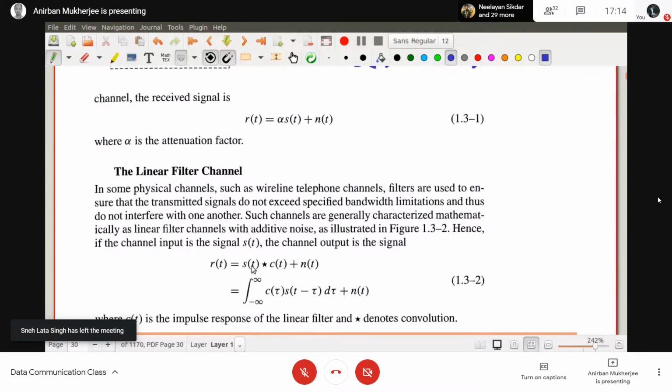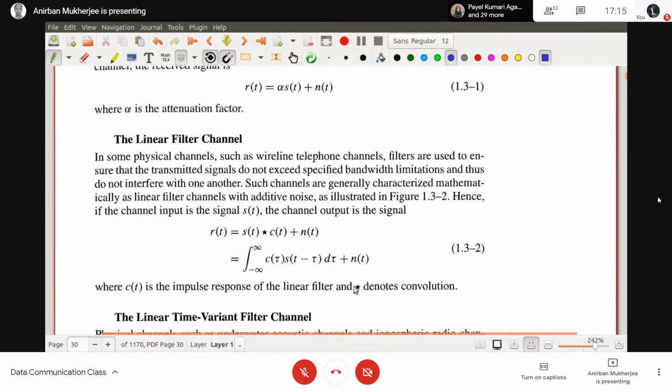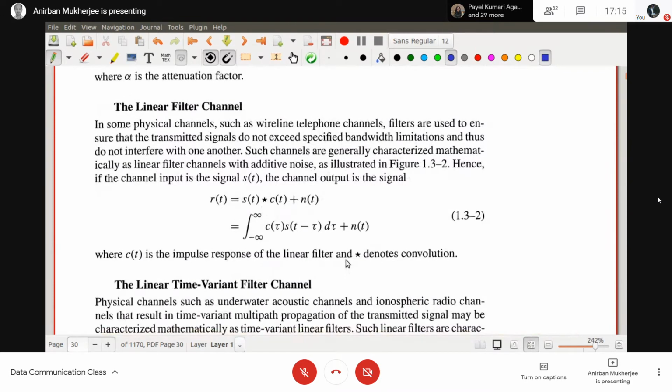if I do the basic channel output r(t), that is the integral of c(tau) s(t minus tau) d tau plus n(t). Please try to understand, here I am doing convolution, but I am not talking about time variance. Okay.